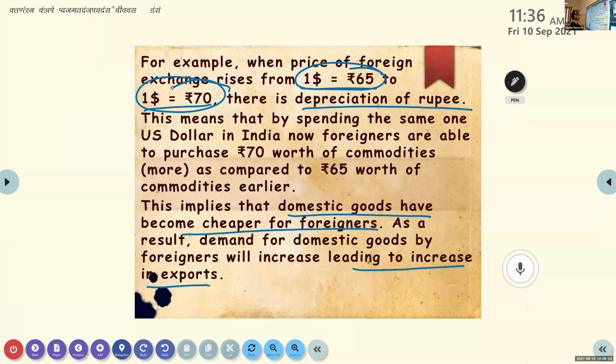This shows that foreigners will slowly start demanding more and more goods from our country. When the demand for domestic goods increases, exports increase. Increasing exports is beneficial for that particular domestic country.